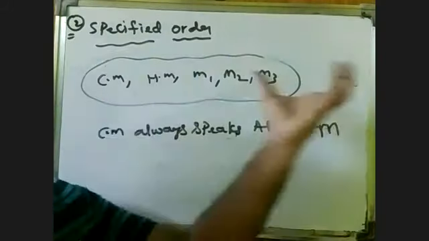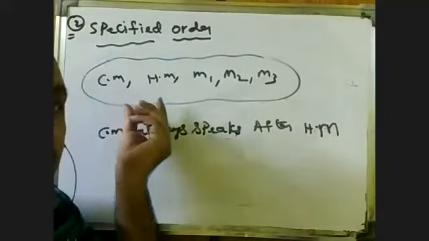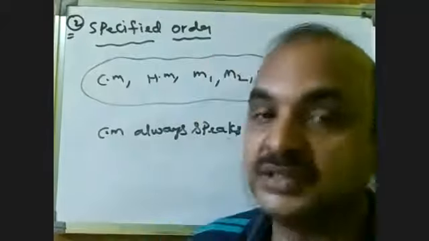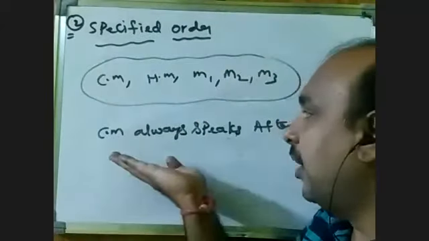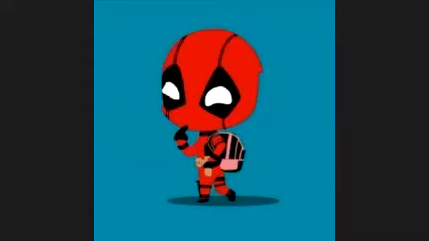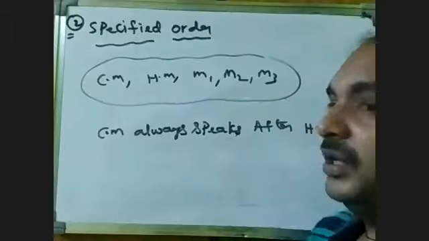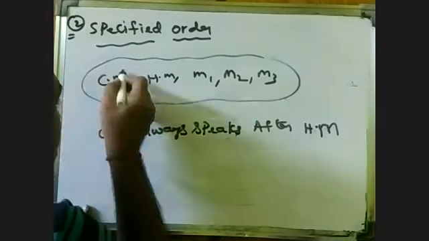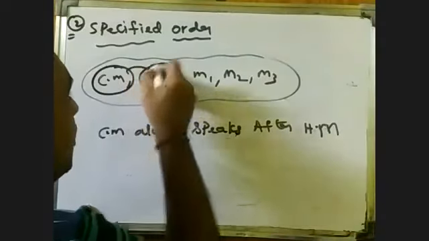So I want to arrange CM, Home Minister, and 3 cabinet ministers in such a way that CM always speaks after Home Minister. Then these 2 objects are in specified order.